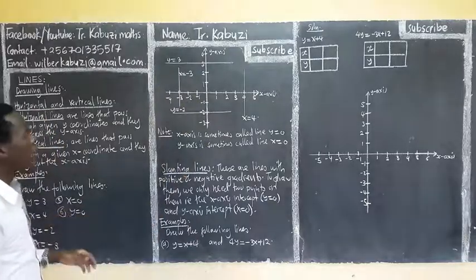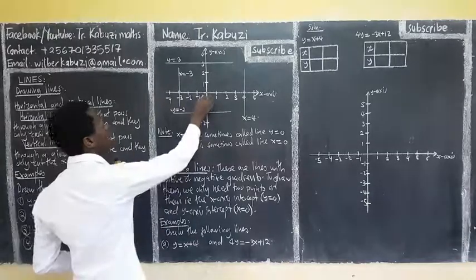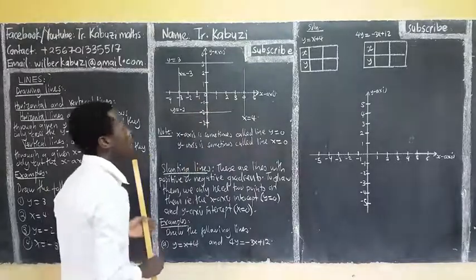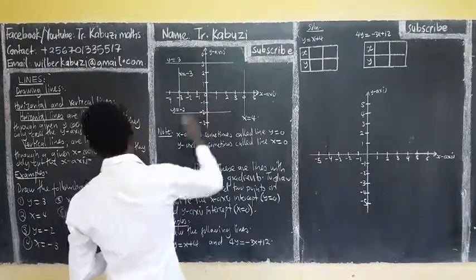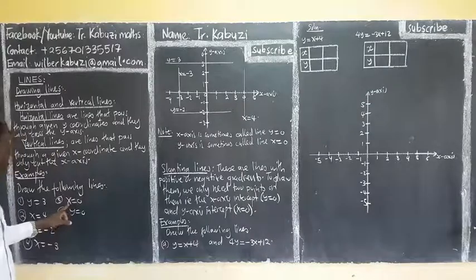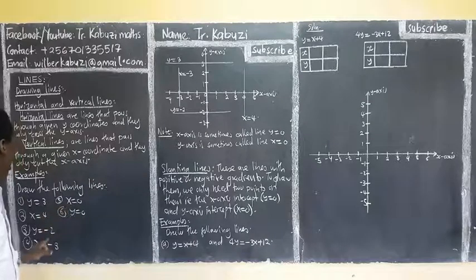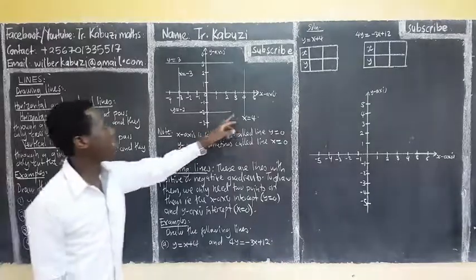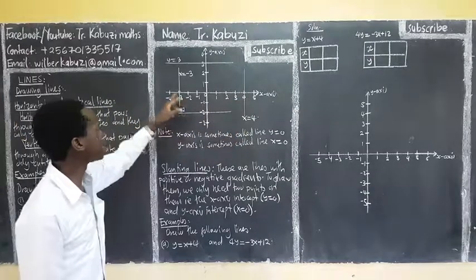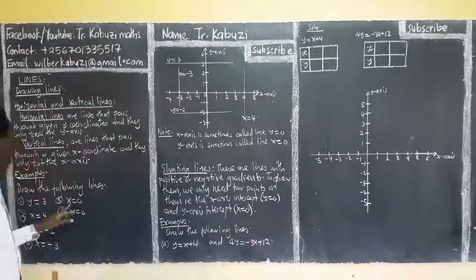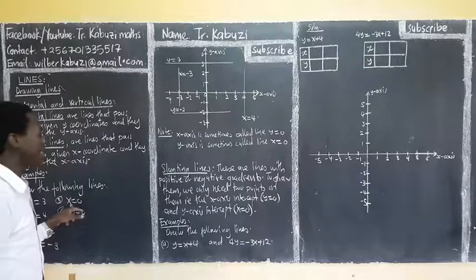Now, we have x is equal to 0. Remember, this is our 0. X is equal to 0 is a line that cuts the x-axis. All of these, we are cutting the x-axis. If it's x, it cuts the x-axis. So now this one is x equal to 0, so it's going to cut the x-axis.